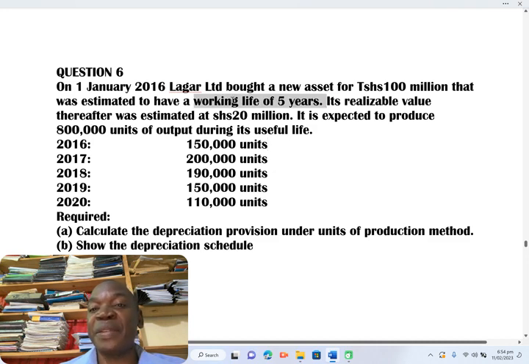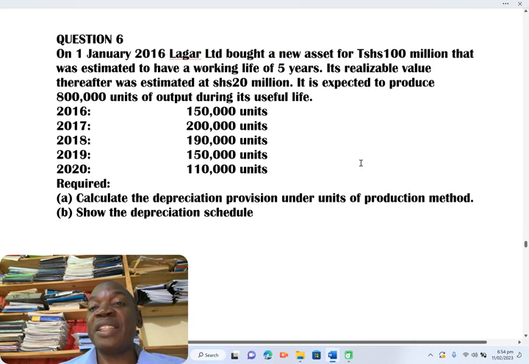5 years. Its realizable value thereafter is estimated at how many? 20 million.